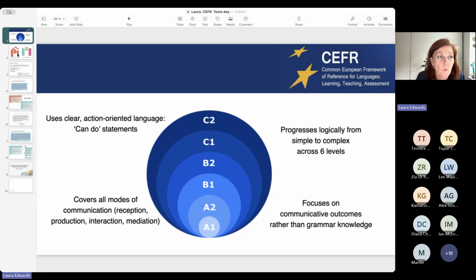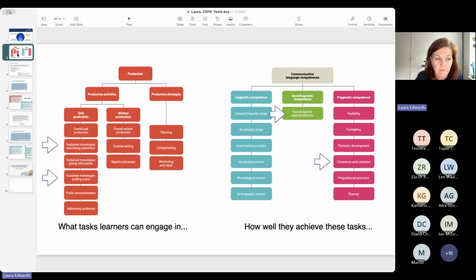So moving one step beyond what we all know about the CEFR is to look at some of the descriptors. As I said before, we can find it hard as teachers to assess our learners, and we tend to focus often on absence.